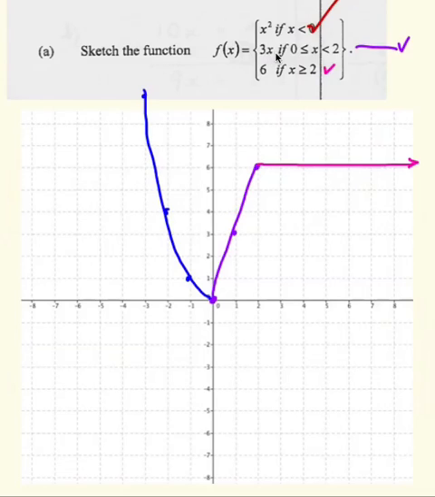Now, what that would look like, and I'll do it again in a different colour, is that you would have a closed circle on 1, 3x plus 1, and it will go up to, but not including that. So you get a straight line to there. If we go back to the parabola to start with, that would have ended on an open circle, and so that would end on an open circle, and that's because this and this, in this case, would not connect.